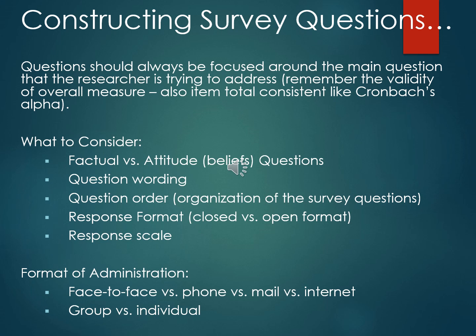Response format, such as closed response or open-ended format, or response scale. And you need to think about the format of survey administration, such as face-to-face versus phone versus mail or internet, also group versus individual. All these things affect the quality of survey response. In the following discussion, we are going to talk about some of the specific issues associated with each of these different aspects of surveys.